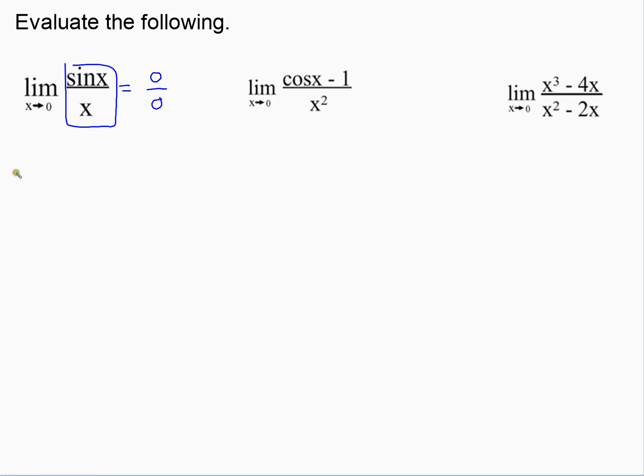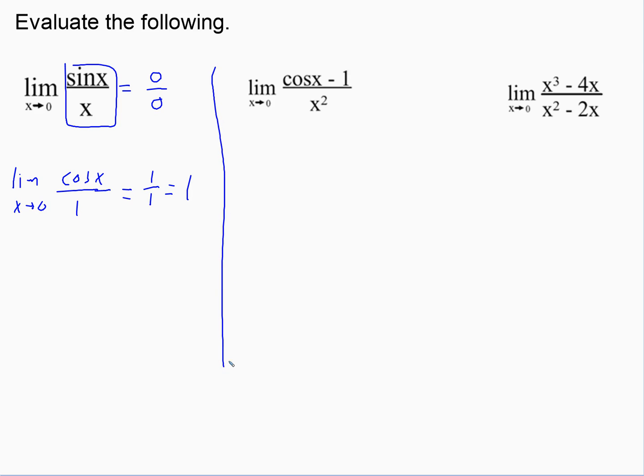So what we'll do is take the limit as x approaches 0 of the derivative of sine of x, which is cosine of x, and the derivative of x, which is 1. And then we'll evaluate this limit. Well, the limit of cosine x as x approaches 0 is 1, so we get 1 over 1, which is just equal to 1. So although when we took the limit of the first one it was in indeterminate form, we could take the derivative of both the numerator and denominator and find that the limit is 1.